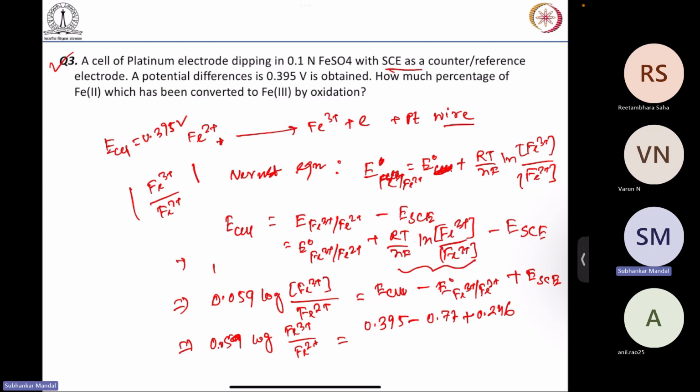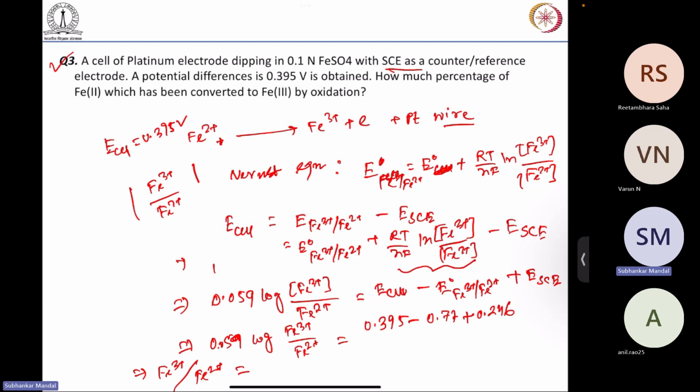So if you calculate this thing, Fe3 plus by Fe2 plus, how much will you get? You can calculate once; people can also calculate with me. So 0.395 minus 0.77 plus 0.246, divided by 0.059.